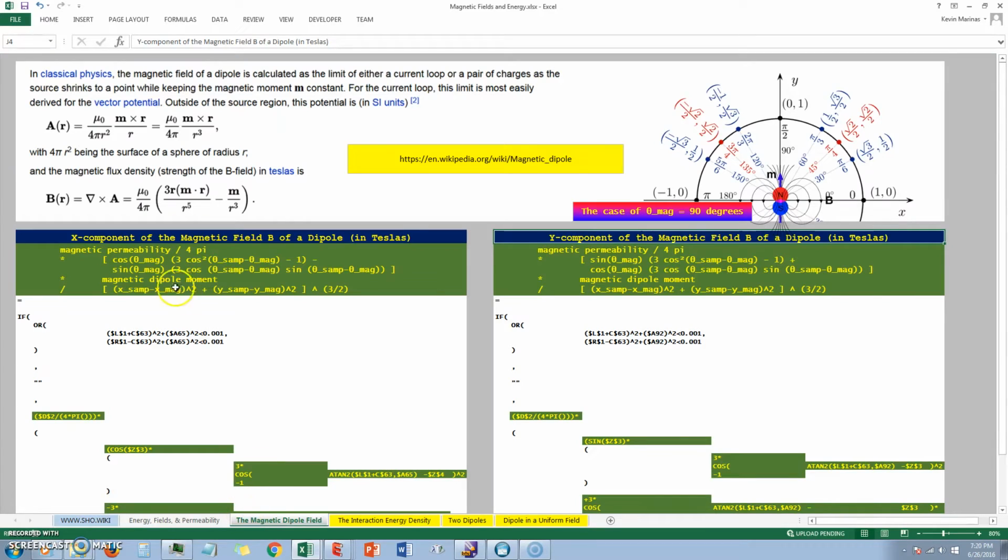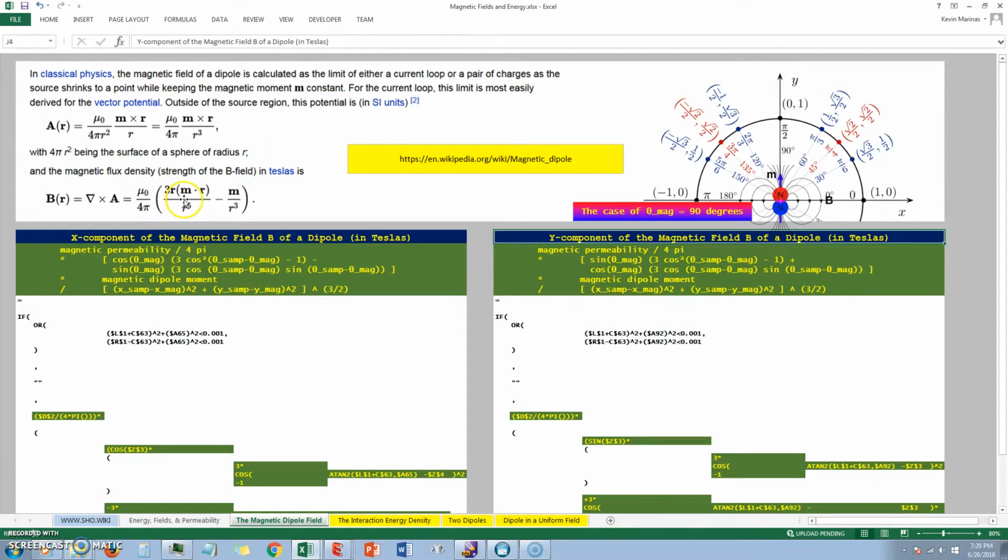So anyway, in classical physics, the magnetic field of a dipole is calculated in this manner, so it's not like a quantum mechanical thing where it's really complicated. Here's your vector potential based upon the Lorentz gauge. But here's your magnetic flux density, which is simply the curl of the vector potential, whether or not it's the one from the Lorentz gauge.